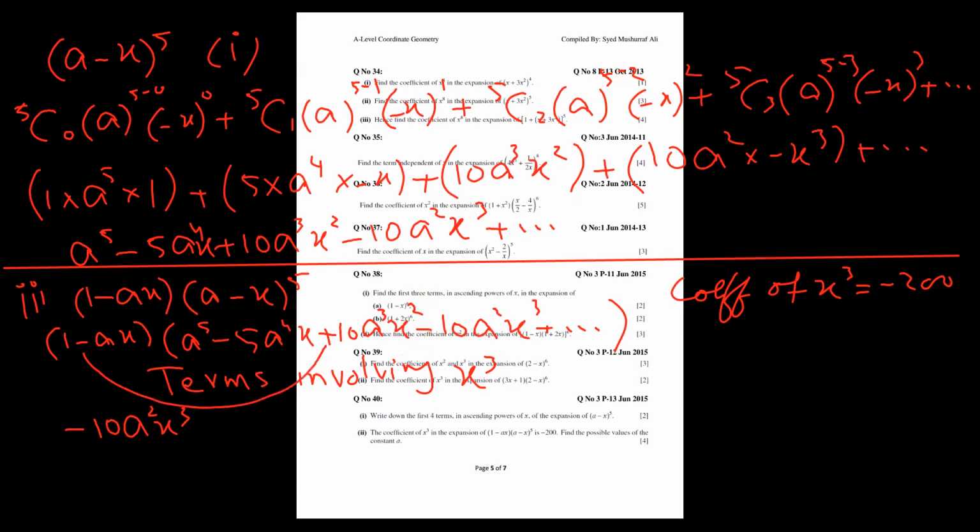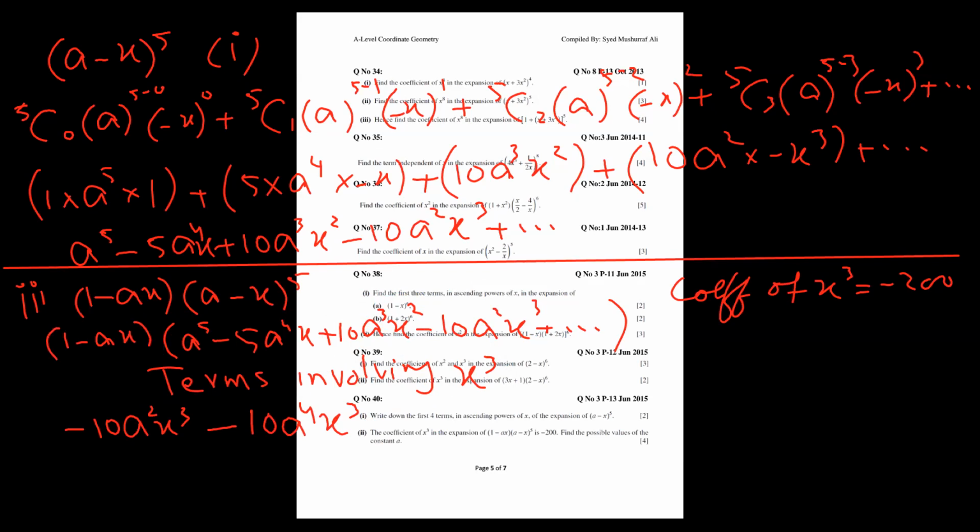Negative into positive gives negative, and 10 times 1 is 10. And a cubed into a gives a to the 4, and x squared into x gives x cubed. Done. Now, the last thing: 1 into this, we got it, and x into this, we got it. We have no term after this in the bracket, so stop.